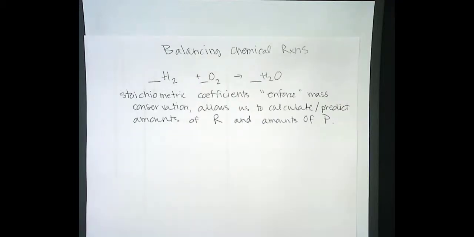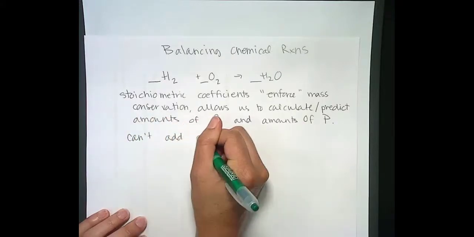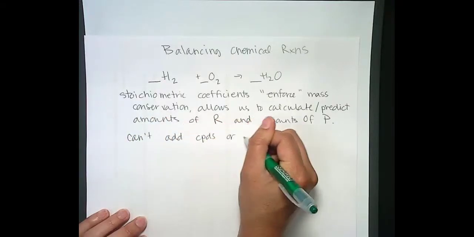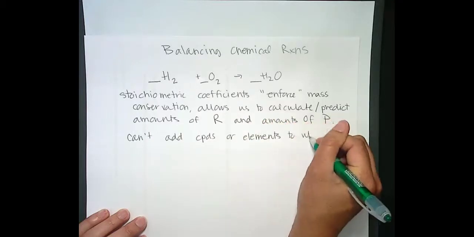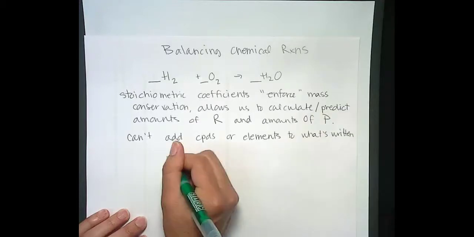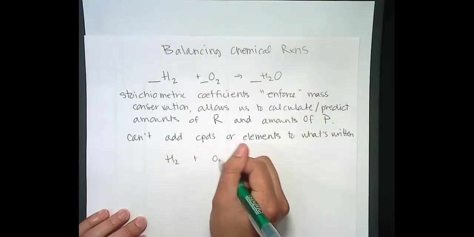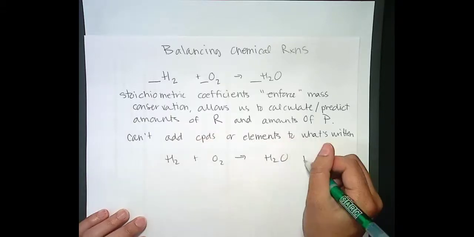So our rules for balancing are pretty simple. You can't add compounds or elements to what's written. So you can't say, well, I just need this.